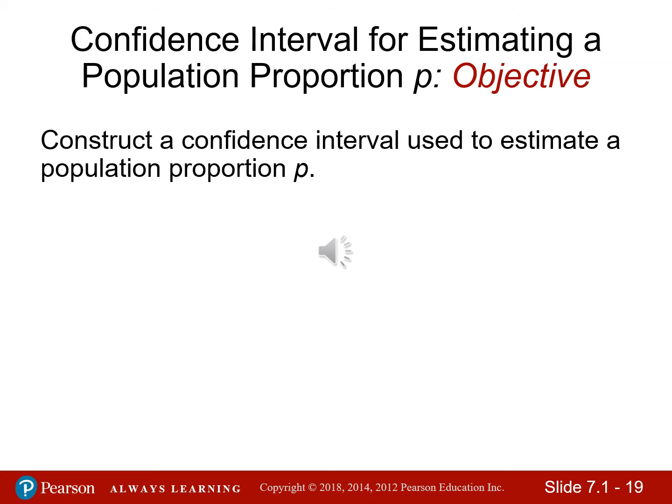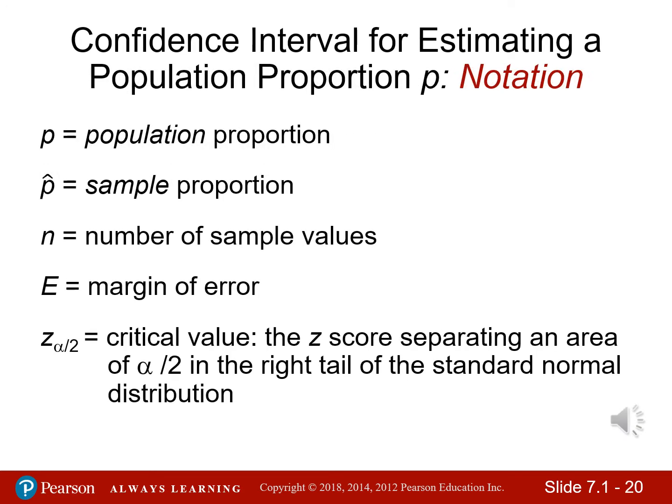The key elements of a confidence interval are as follows. First, the objective is to construct a confidence interval to estimate a population proportion P. Second, the notation that we use is as follows.